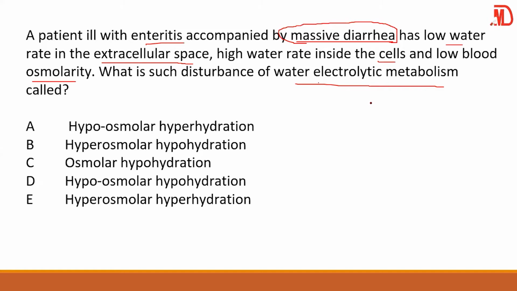Great. Now we have hypoosmolar. This is when there is a salt deficit, or a decreased amount of salt, and this develops due to diarrhea, vomiting, sweating, and adrenal insufficiency.